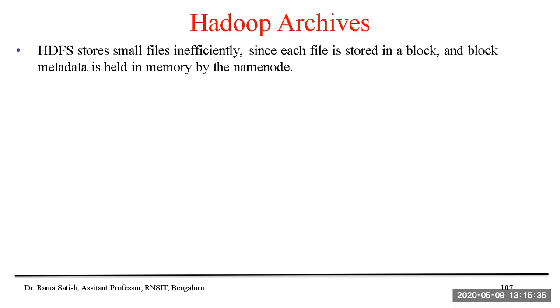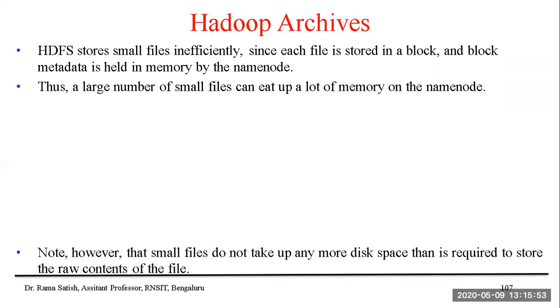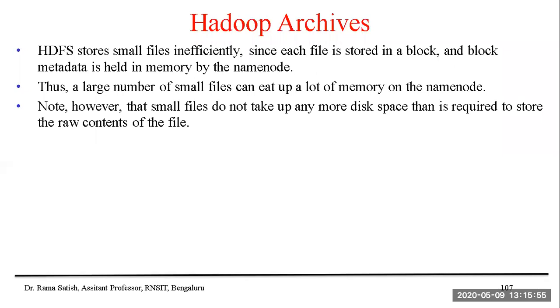So the block has a capacity of 128 MB, and you are storing a small file of 1 MB, which is not an efficient use. Of course, a large number of small files can eat up a lot of memory on the name node. And of course, note, however, that small files do not take up more space than is required to store the raw contents of the file.